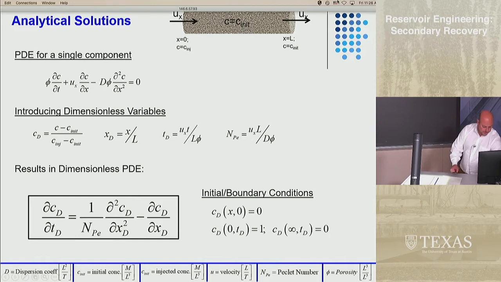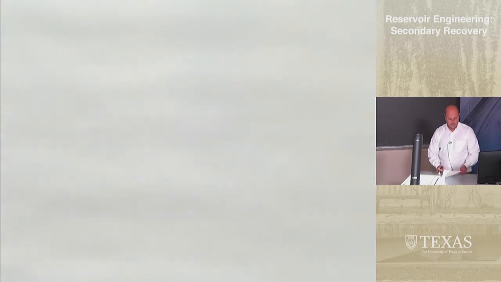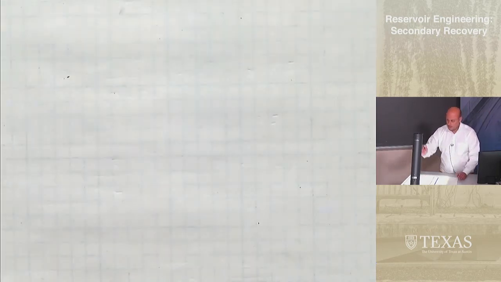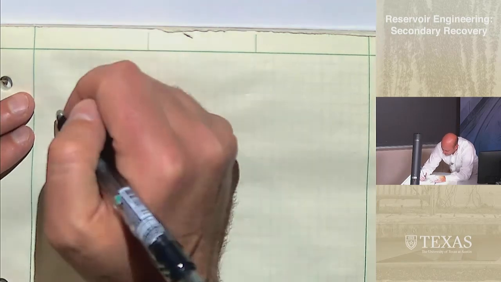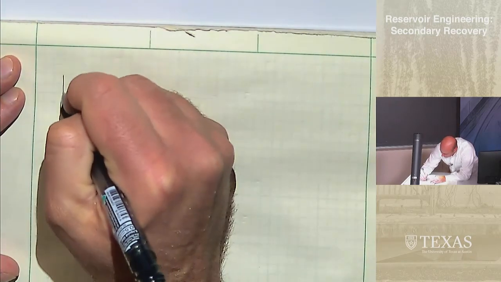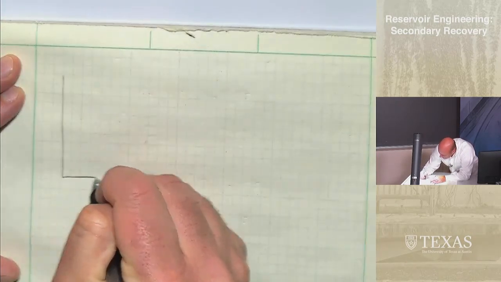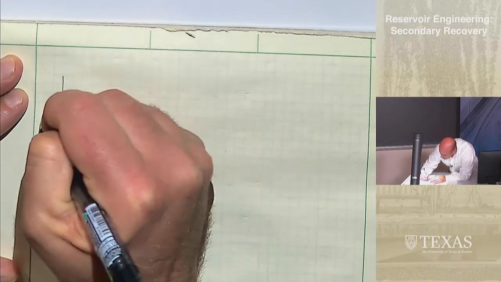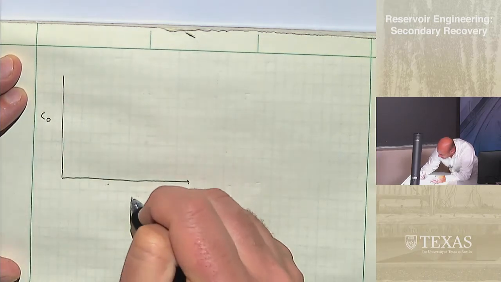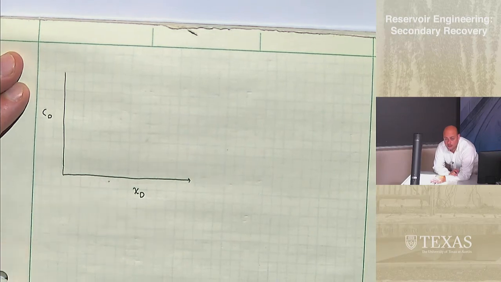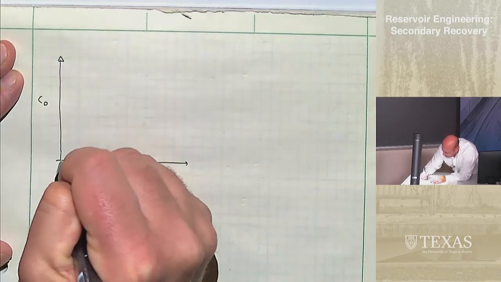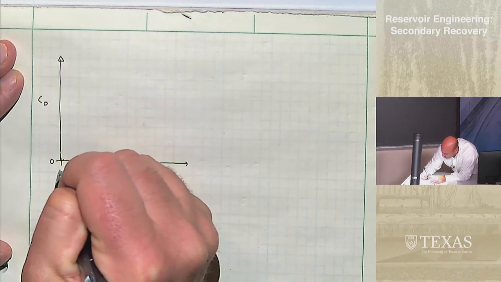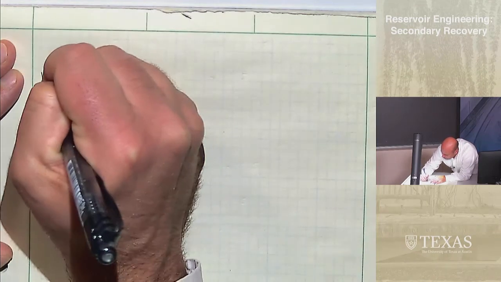So let me come back to here and talk about what the solution looks like. And we started doing this just a little bit at the end. So if you plotted the dimensionless concentration versus the dimensionless distance xd, it's always going to be bound between 0 and 1.